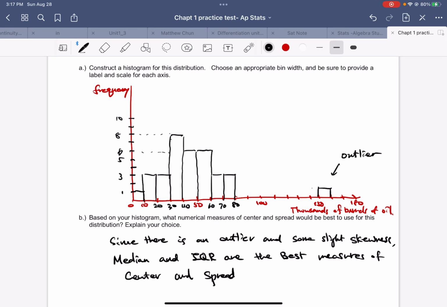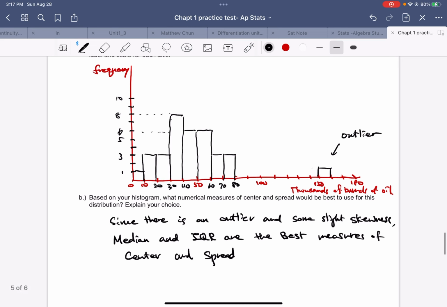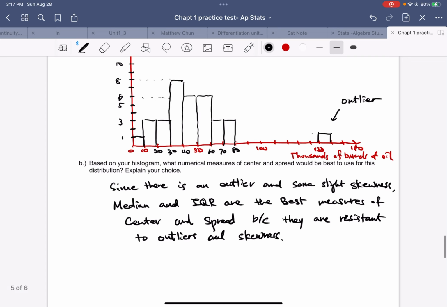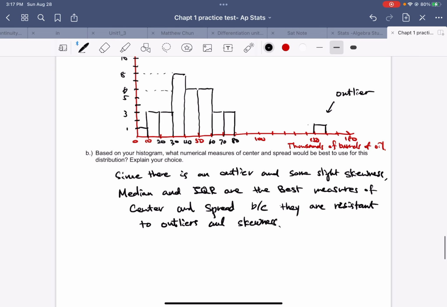Interquartile range is a good spread because it shows how much the center 50% of data is located. Median and interquartile range are resistant to outliers and skewness. Okay, so those are good values to use for center and spread.